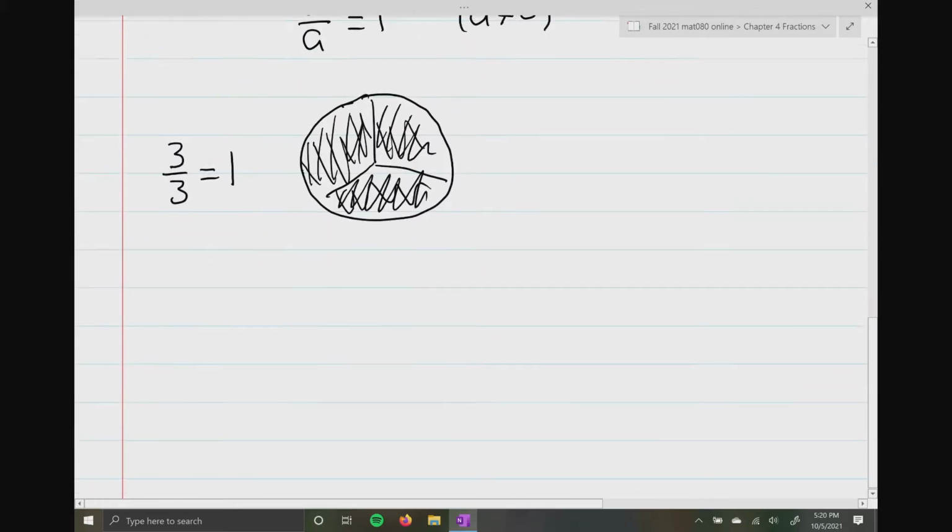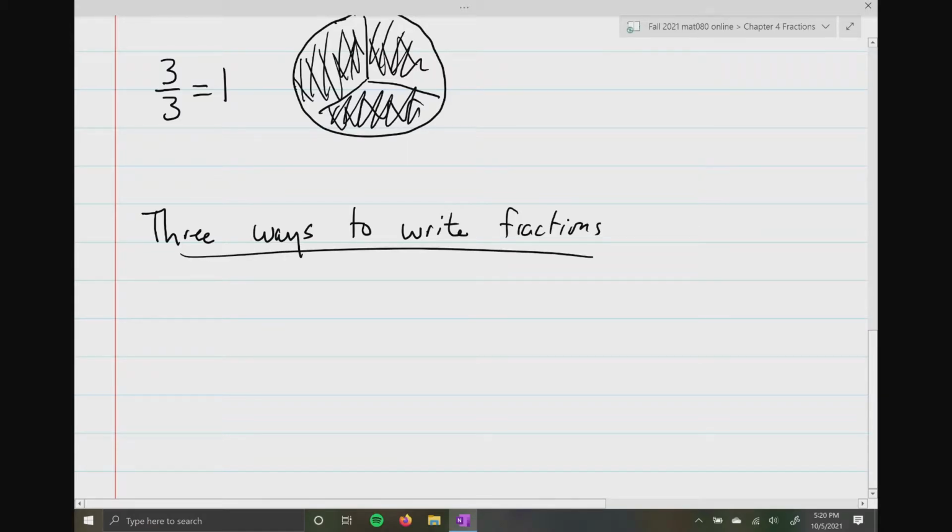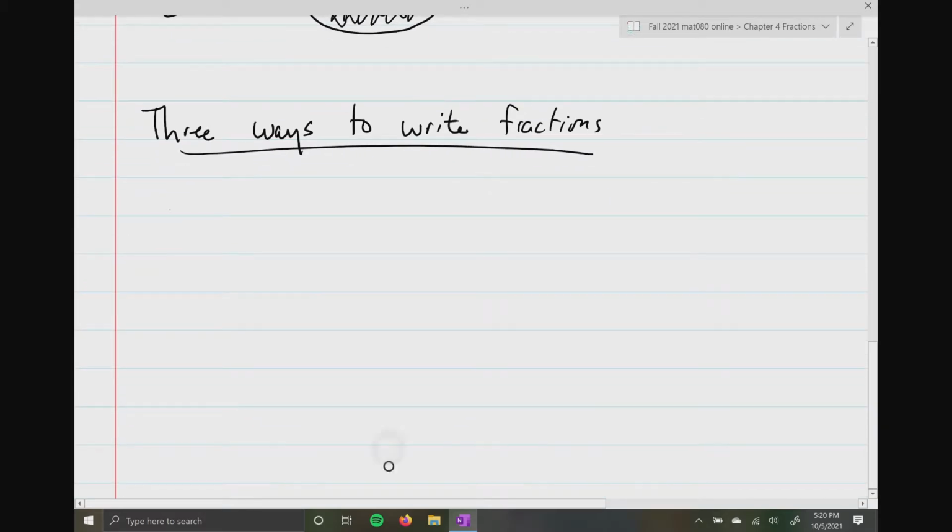Now, there are 3 ways that we can represent fractions. So we'll say 3 ways to write fractions. All right, and the first way is what we call a proper fraction. A proper fraction looks like this.